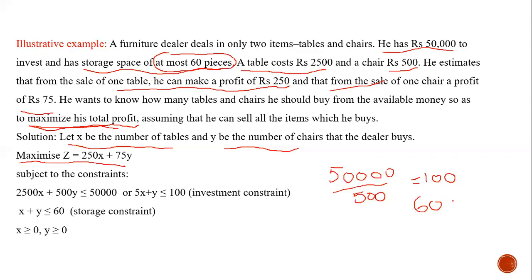With this, he would get a profit of 60 into 75, because a chair would give him a profit of rupees 75. Therefore, the total profit he gets is 60 into 75, which would be equal to rupees 4,500.